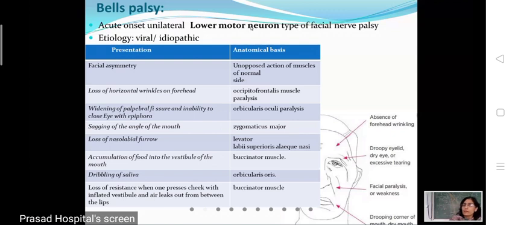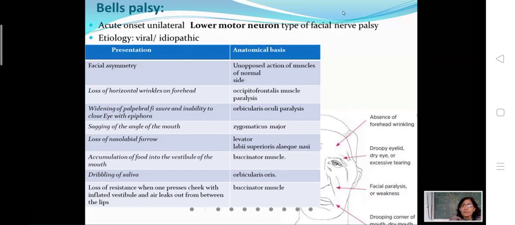Just remember that it is a lower motor neuron type. What is lower motor neuron and what is upper motor neuron? This we will deal with in our neuroanatomy sections. Here you should memorize that Bell's palsy is an acute onset, unilateral, lower motor neuron type of facial nerve palsy.